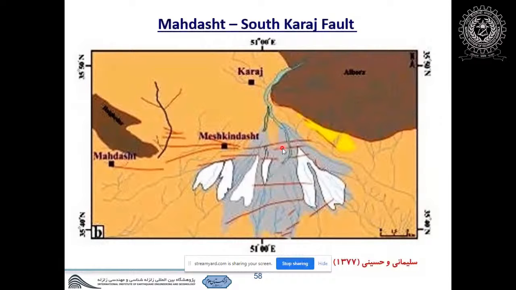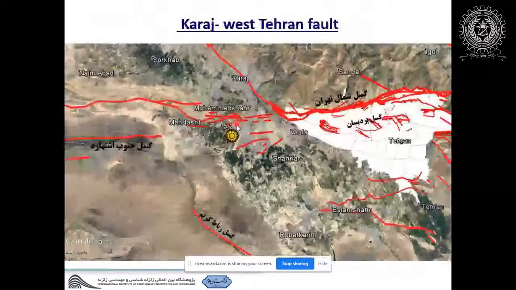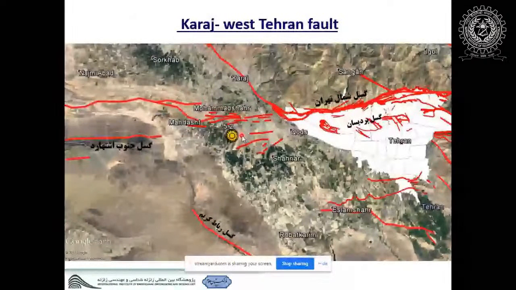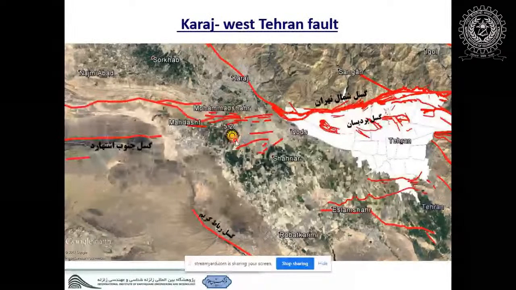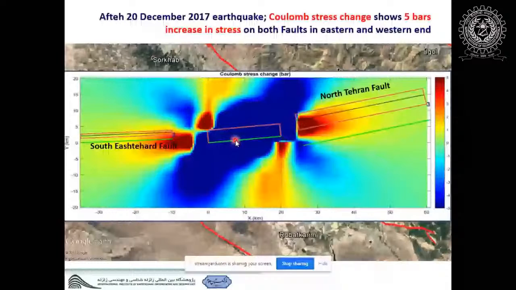is located in the hanging wall of this fault. Okay, if we look at Karaj, in the western Tehran faults, this is the location of the Malard earthquake of 20 December 2017, and this is the Coulomb stress change of that earthquake.